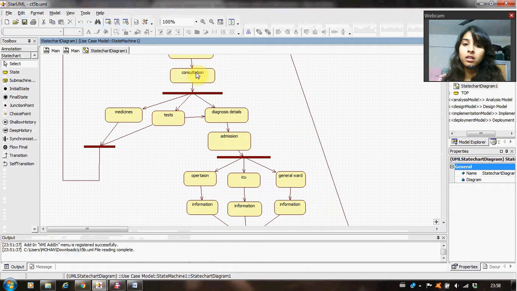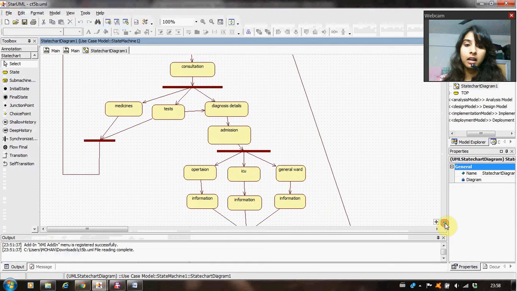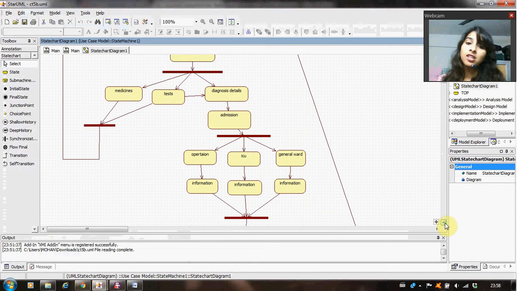If the doctor asks the person to take the tests, then the person has to take the test and then again visit the consultation, because according to the test reports, the doctor will again give the diagnosis details. After the diagnosis details are done, if the patient has to get admitted, then an admission is provided after looking into the diagnosis details.